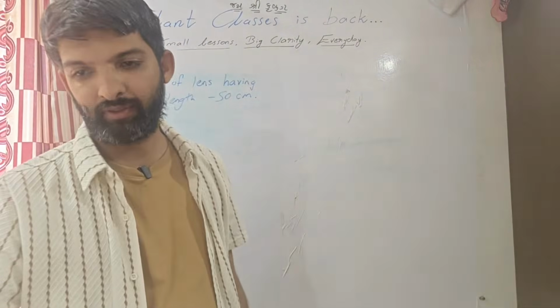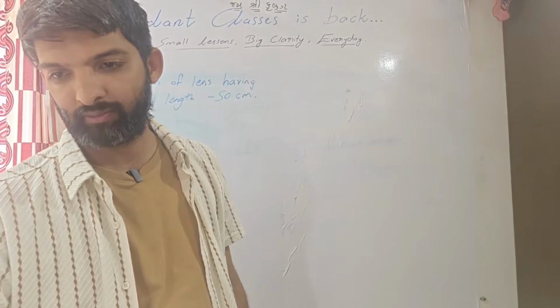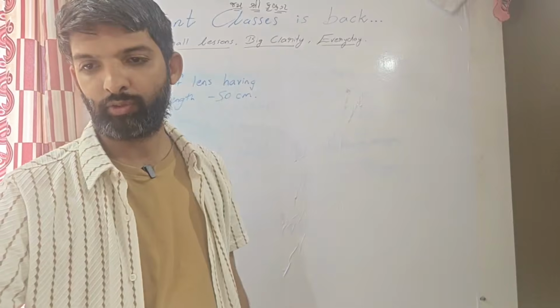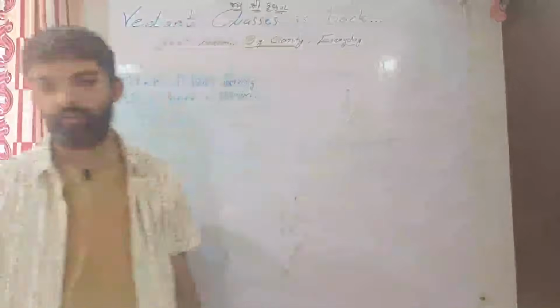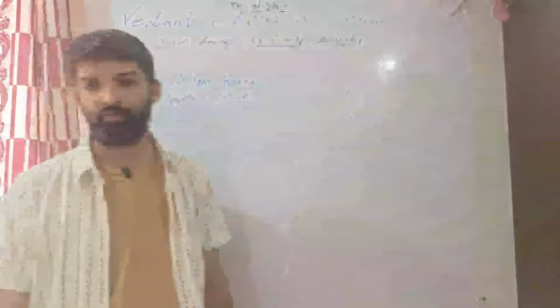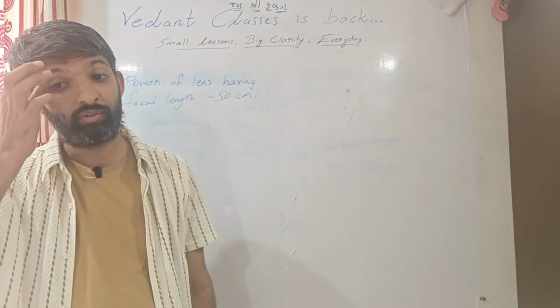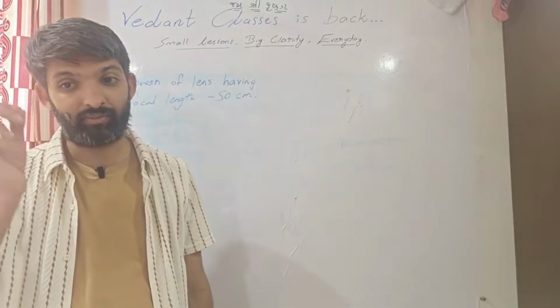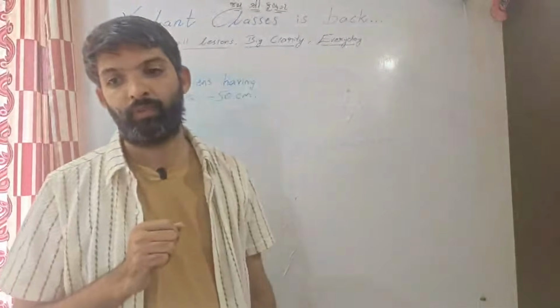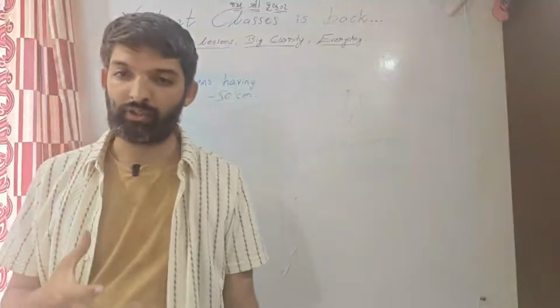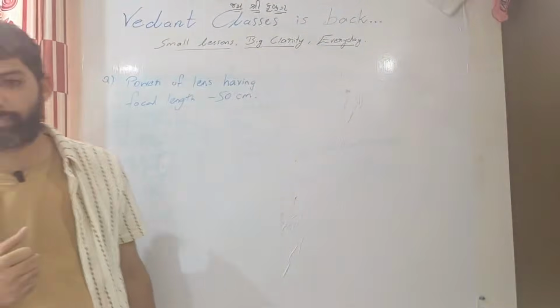Okay, everyone is responding like minus 2, minus 2, minus 2. So many responses are there. Only Aryan has responded in a perfect way, that is minus 2 dioptre. Whenever you are writing the answer of power of lens, you need to mention the unit as well.